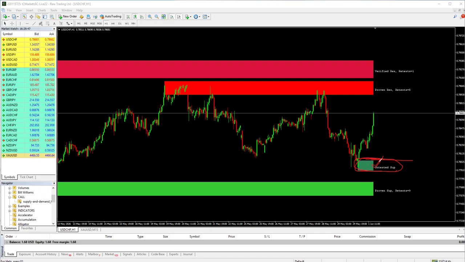The reason I use the fresh zones is that sometimes I am not able to keep the number of retests in my head. For instance, it has retested 9 here. Sometimes the market can come back and then I'll open it. Maybe the time I open it, the market is in this zone, and I don't remember whether it was retest 9 or retest 8.